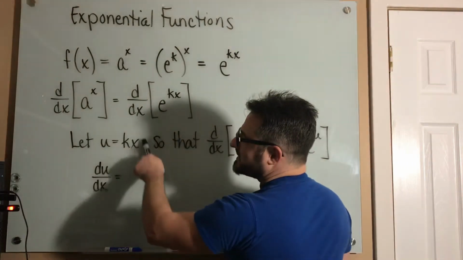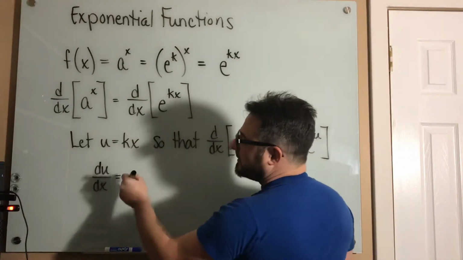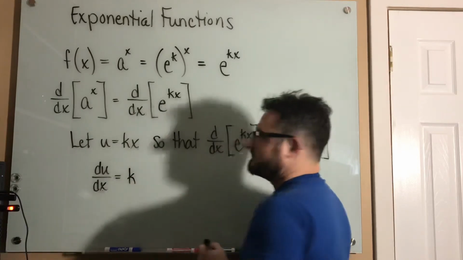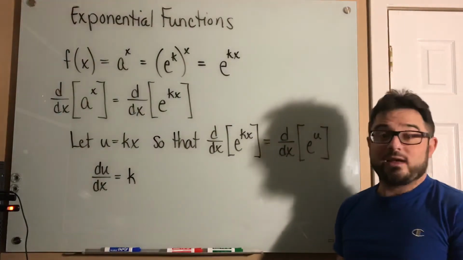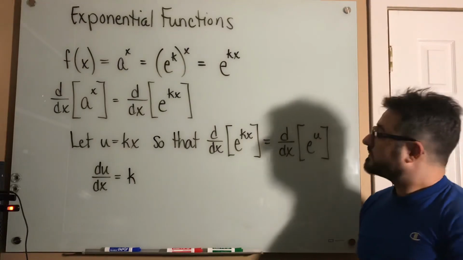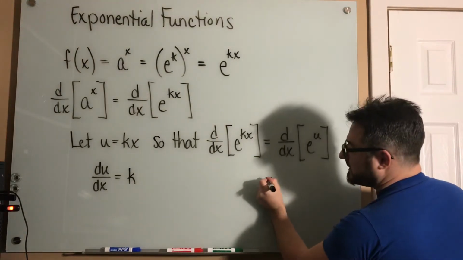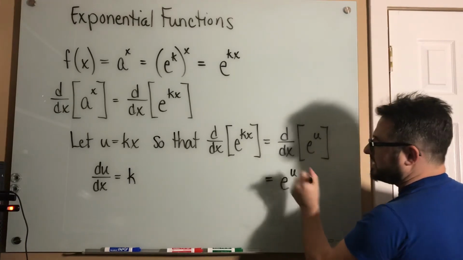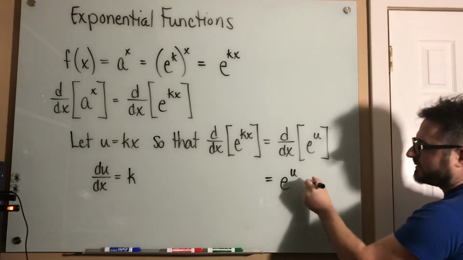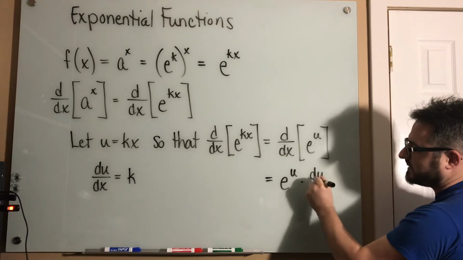And what we've got here is a linear function whose derivative is the coefficient of x, k. And of course, the derivative of e to the u is e to the u, times du dx.